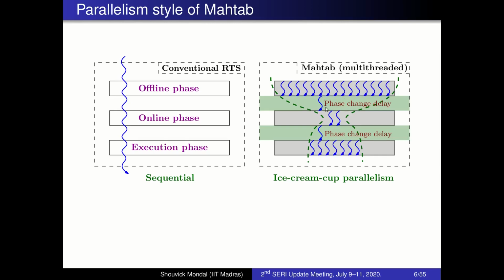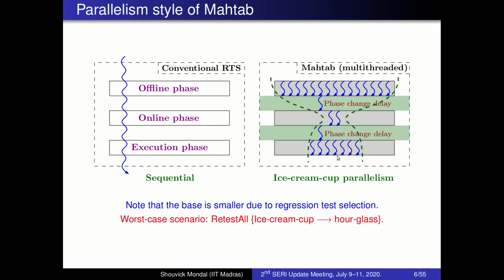Then there is a single-threaded phase change delay. This involves the online phase, which is a bottleneck, as we'll discuss later. Then there is another phase change delay, and then the execution phase. Now the base is smaller because we will not run all of the test cases which we ran earlier in the offline phase, because this is selective retesting. Regression test selection is involved.